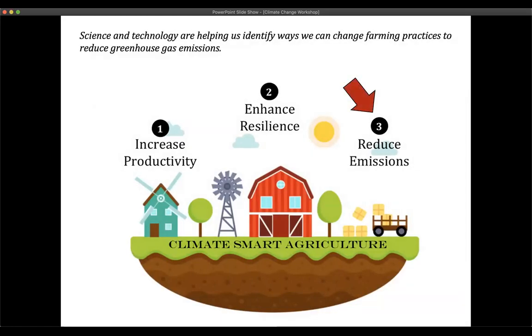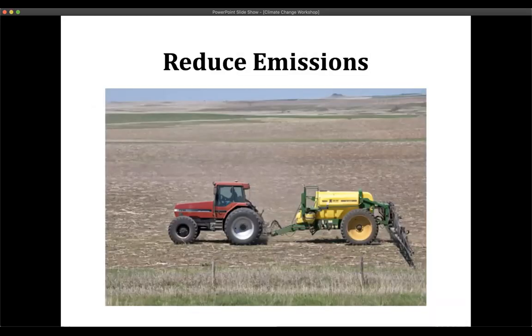The third goal is reducing emissions. I'm giving you an example of a tractor, and here you can see a fairly large field. That tractor, whatever practice it's doing, whether it's planting or spraying or harvesting, needs to burn a set amount of fuel to move throughout the field.